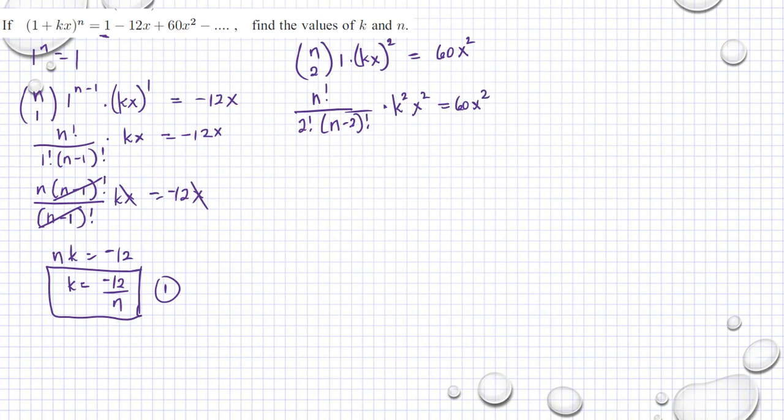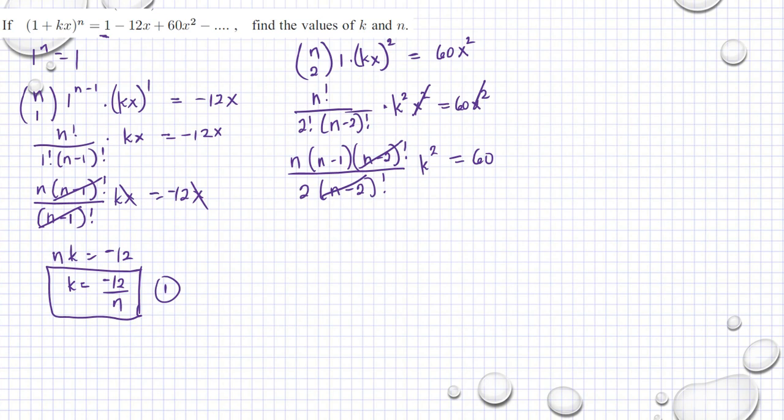So if we divide both sides of the equation by x squared, then we have only our n factorial, which is n times n minus 1 times n minus 2 factorial, divided by 2 multiplied by n minus 2 factorial, times k squared, is equal to 60.